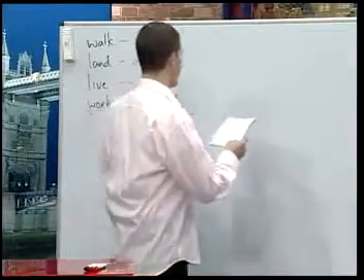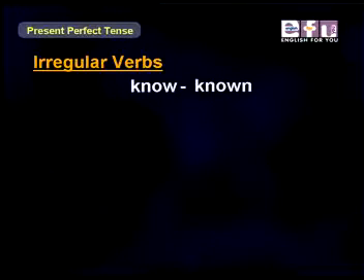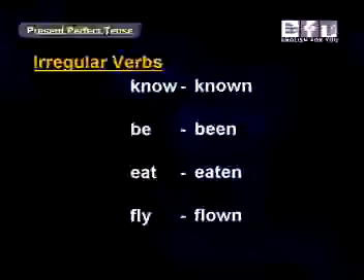However, some verbs have irregular past participles. Let's look at them. We have, for example, know, known, be, been, eat, eaten, and fly, flown. These are irregular.